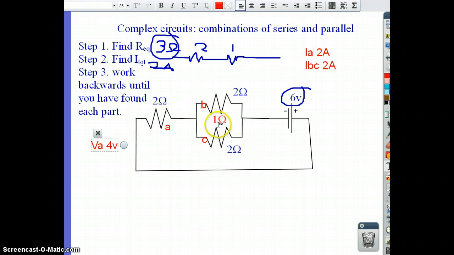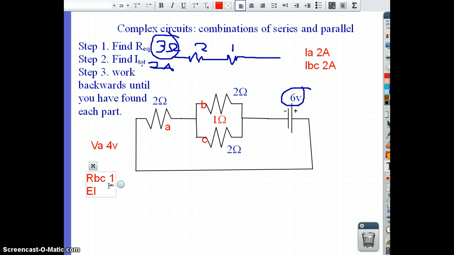Let's look over here at BC. Now, first thing we need to do is treat BC as one resistor of 1 ohm. So resistance BC, we're going to write 1. I'm not going to put the ohm symbol in. Let's find the current. Oh, we know the current for BC.